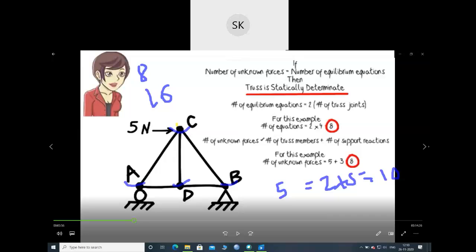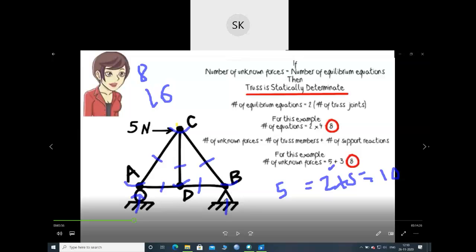Now, how to find the number of unknown forces? You have to add the number of truss members plus support reactions. In this figure, I have 1, 2, 3, 4 and 5 members, so this is 5. And support reactions: a roller support gives only one reaction, right?